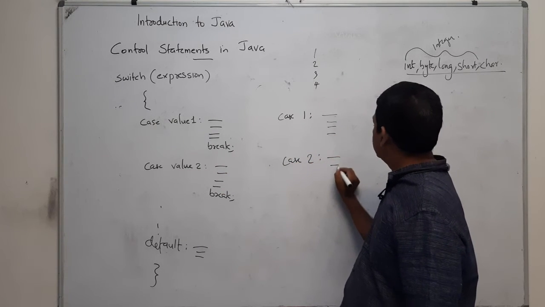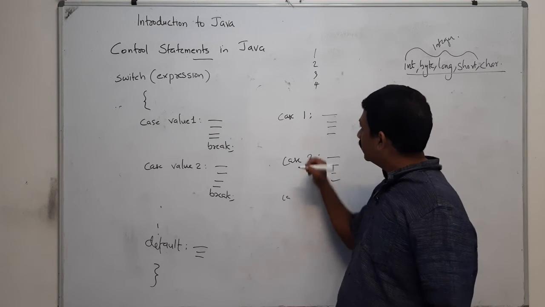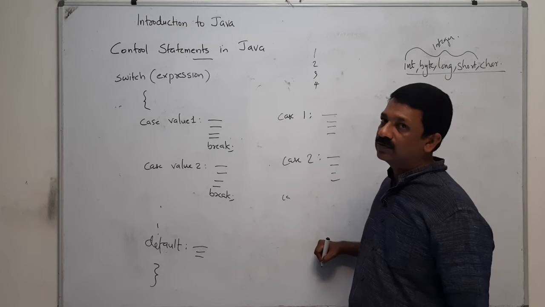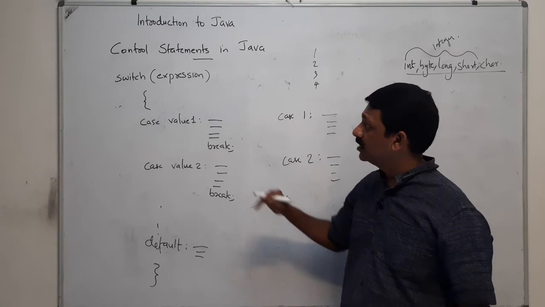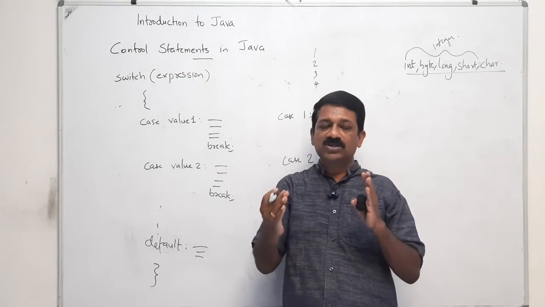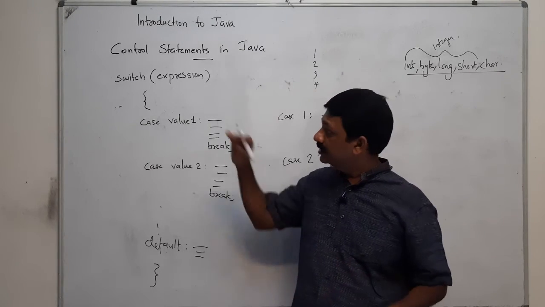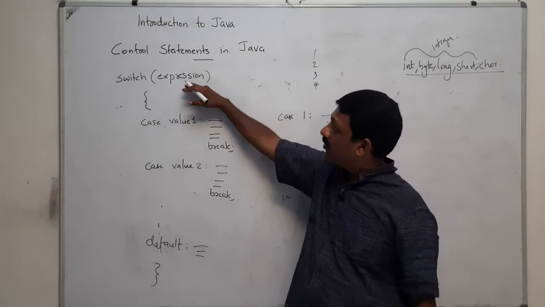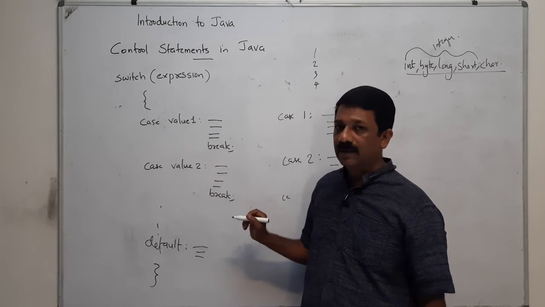Case 2, this sequence of statements is executed. Case 3, some other set of statements is executed. Case 4, some other set of statements is executed. That means depending on the evaluated expression, which evaluates to an integer value in this case, here you can have case 1, case 2, case 3, etc.